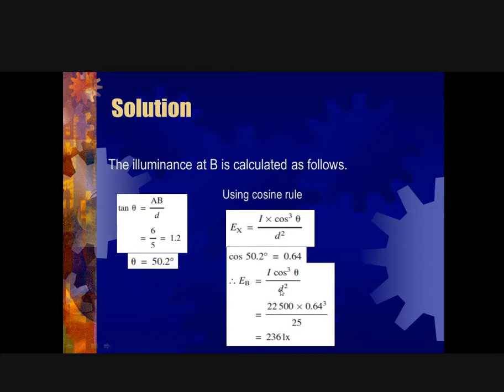Filling it into the equation, we have the luminous intensity times cos theta cubed, divided by d squared, where d is the vertical distance. So now we get 236 lux.